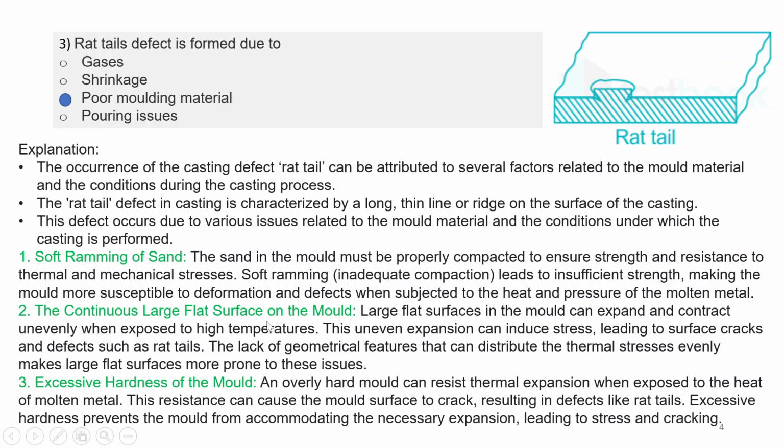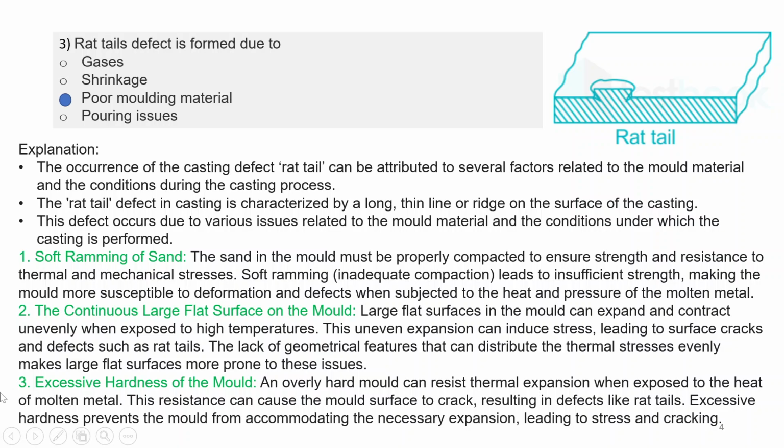Next is a continuous large flat surface on the mold. A large flat surface in the mold can expand and contract unevenly when exposed to high temperatures, and this uneven expansion can induce stress leading to surface cracks and defects such as red tails. The lack of geometrical features that can distribute the thermal stresses evenly makes large flat surfaces more prone to these issues.